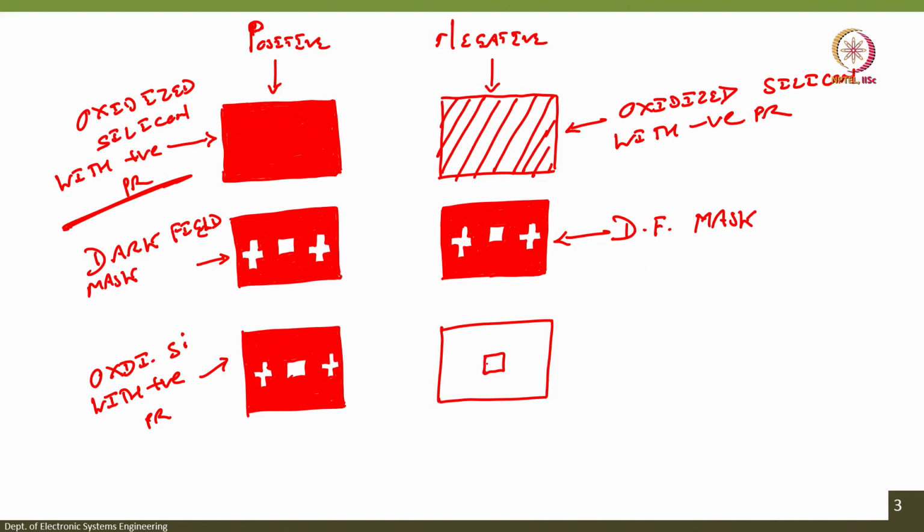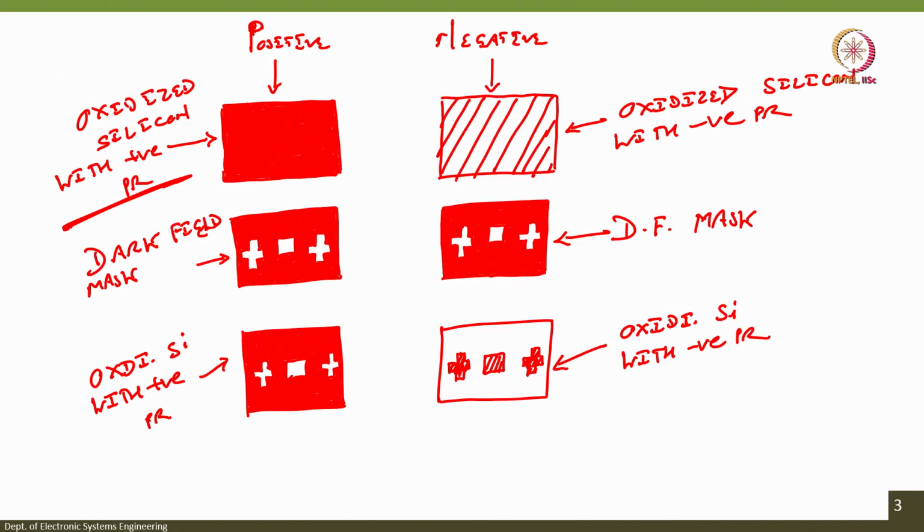The area which is exposed will be stronger and the area which is not exposed will be weaker. So, we get this pattern. Okay. This is the oxidized silicon with negative photoresist.